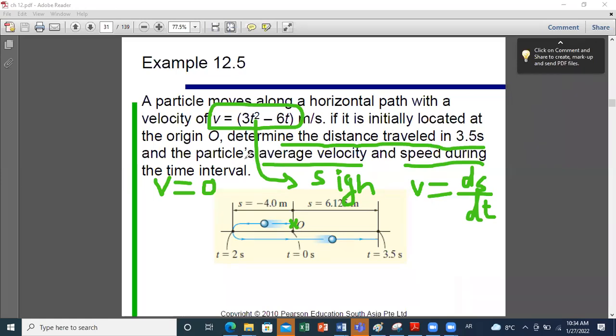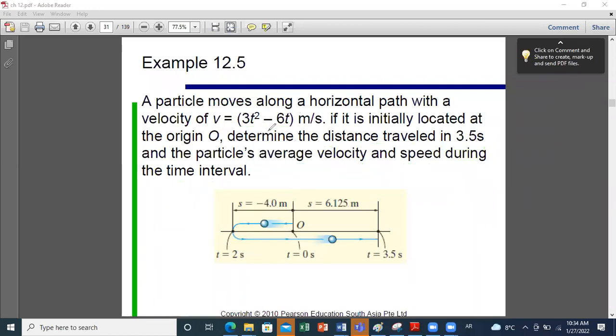So in order to study the sign of v, v is a second degree function of time. If you want to solve for the sign, you can do this. First, let me solve for the times corresponding to a velocity of 0. If the velocity is equal to 0, this means that 3t squared minus 6t is 0.